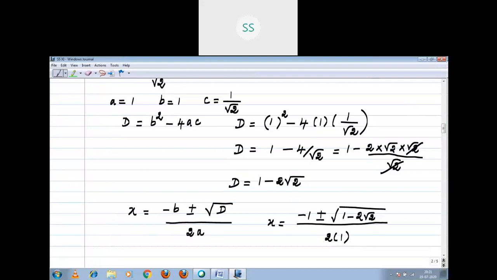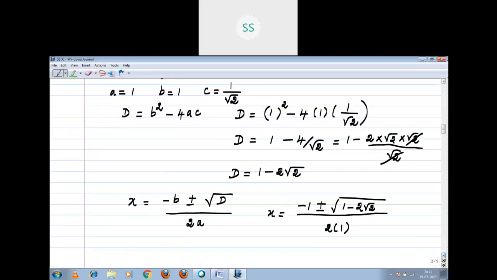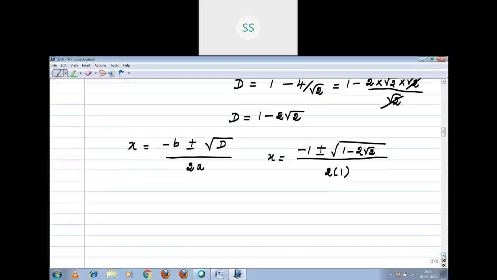See here, what is your A? A is 1. You have no issue in this, right? Now x is equal to minus 1 plus or minus root.